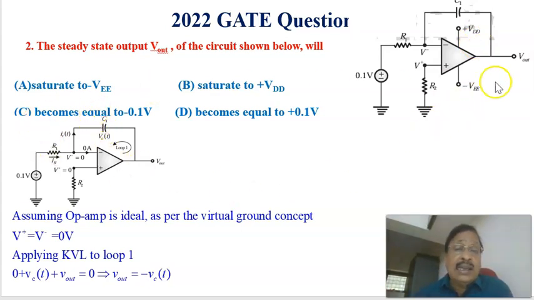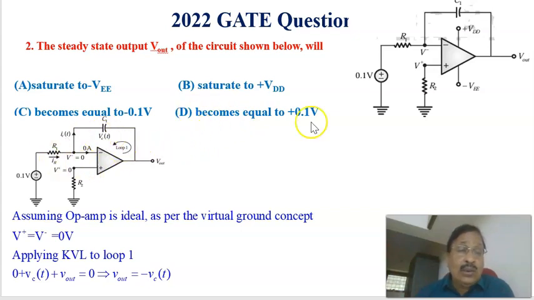Now the question is, what is the output voltage? The options are A saturates to minus VEE, B saturates to plus VDD, C becomes equal to minus 0.1 volt, and D becomes equal to plus 0.1 volt.